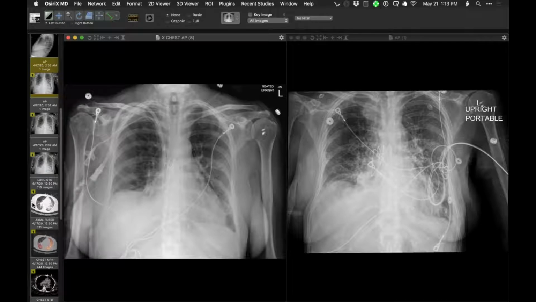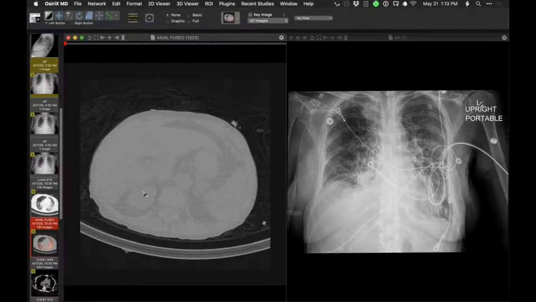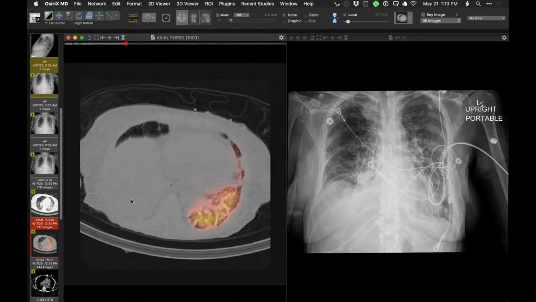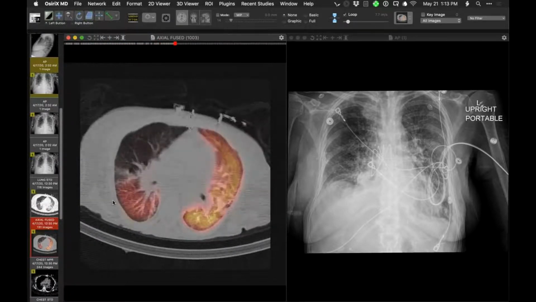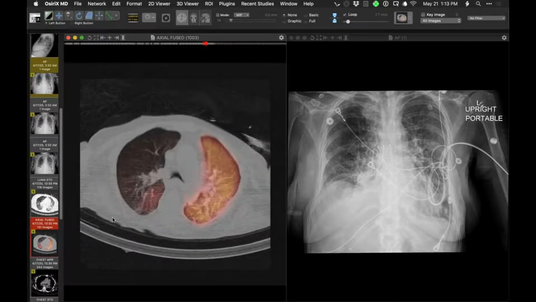She had quite a workup that involved a nuclear medicine scan, which involved a SPECT CT. So this is actually just a part of the SPECT CT nuclear medicine scan.